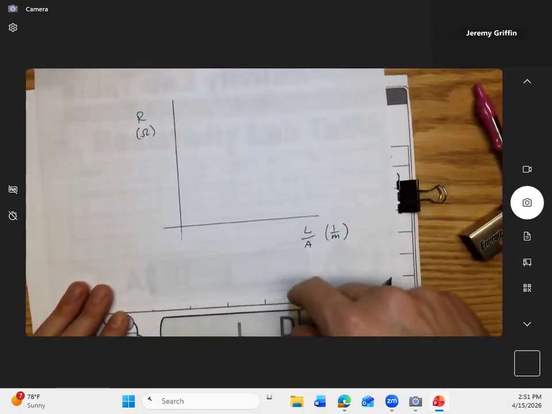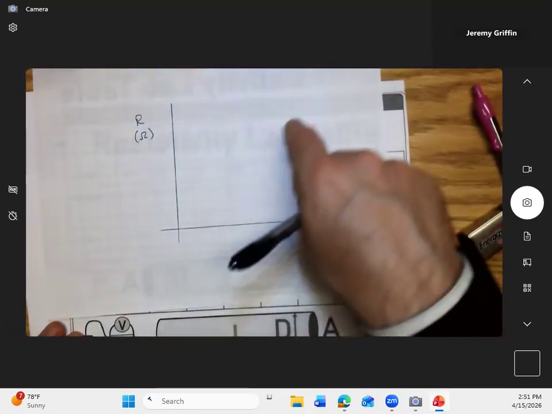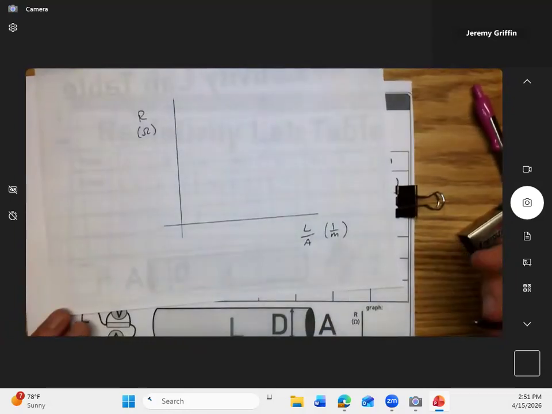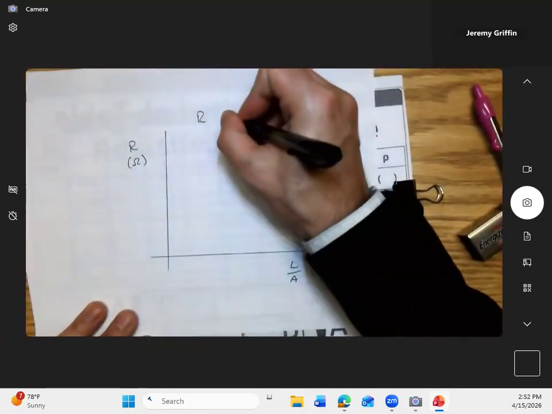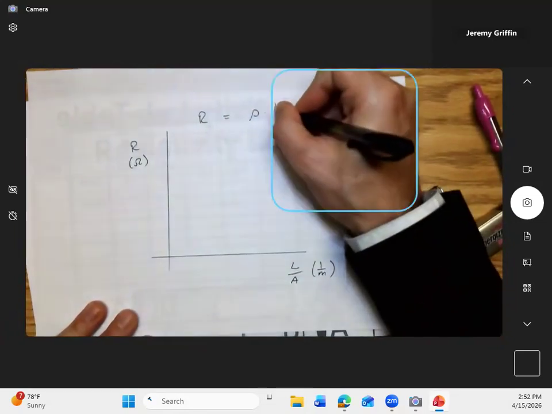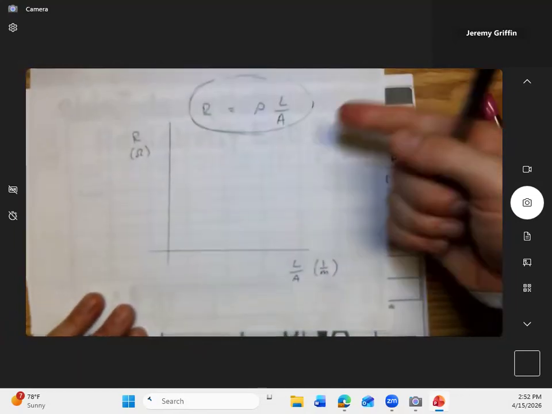I bet that you get points that line up in a straight line, and the slope of that line would represent the resistivity, because resistance is equal to resistivity times L over A, just like I showed you on that PowerPoint slide that we just walked through. So basically that equation is going to be modeled in a graph.